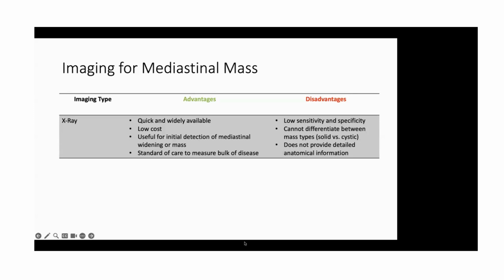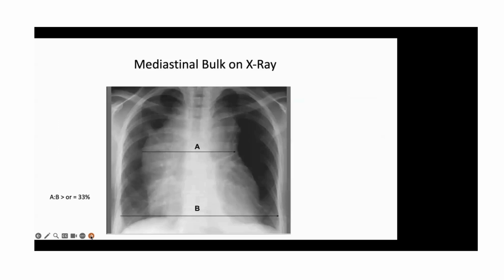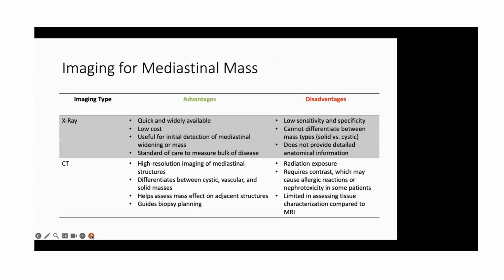And of course, there is a problem with anatomical information. Here we see the mediastinal bulk on the X-ray, and using these formulas we can measure the bulk of the disease.